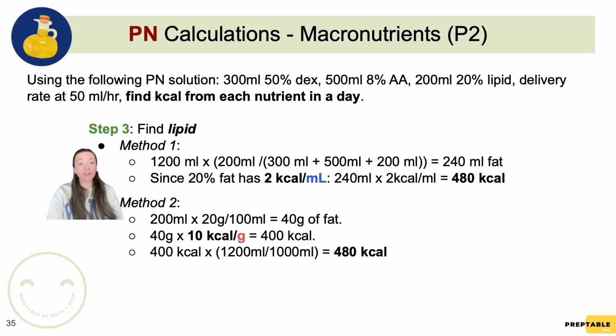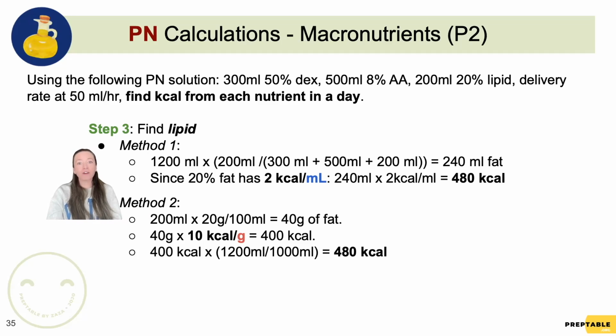Use the 1,200 ml of total volume, and we're going to multiply that by 200 ml of lipid divided by 300 ml dextrose plus 500 ml amino acid plus 200 ml of lipid, and we will get 240 ml of lipid or fat. That's how much lipid we have in the total 1,200 ml of solution provided over 24 hours.